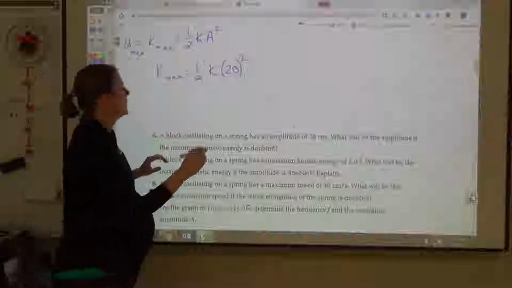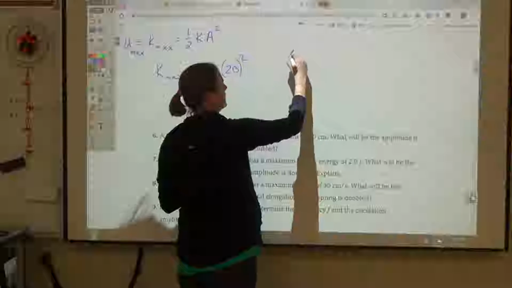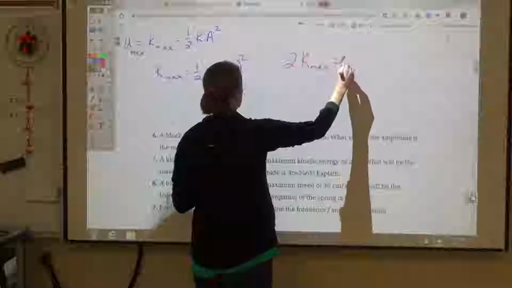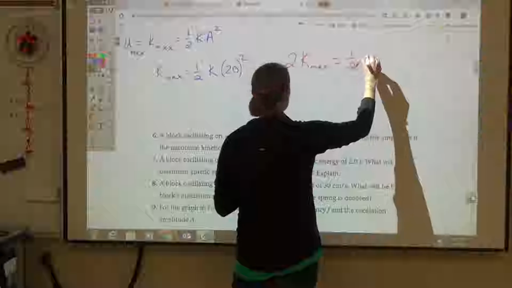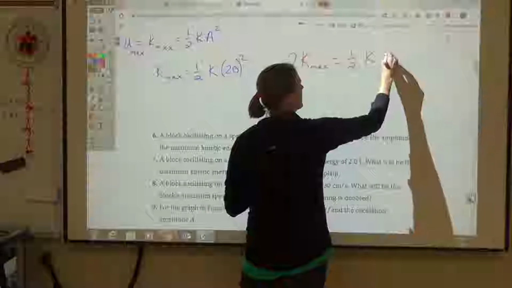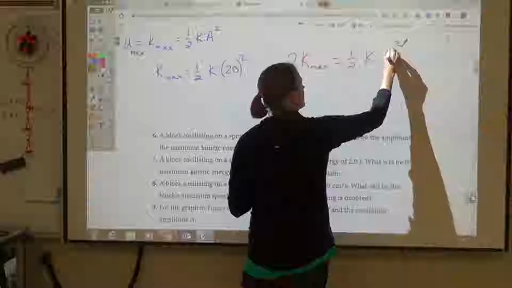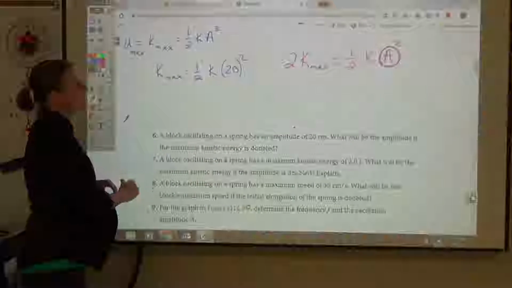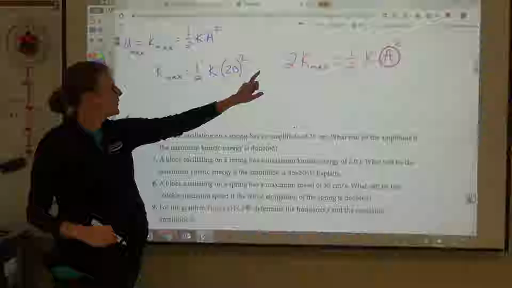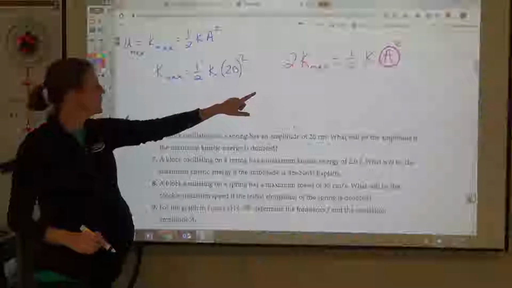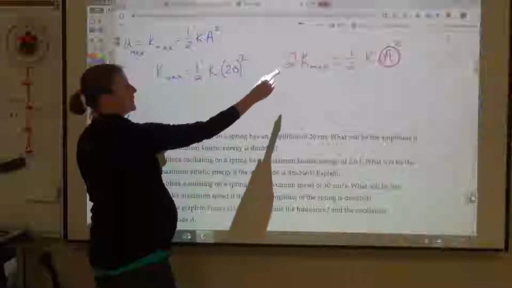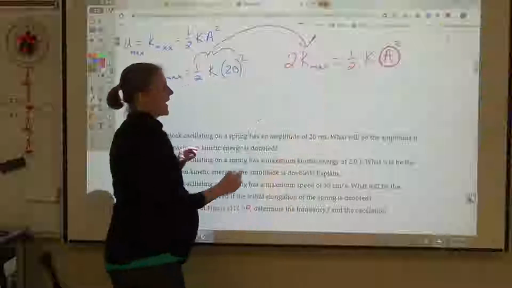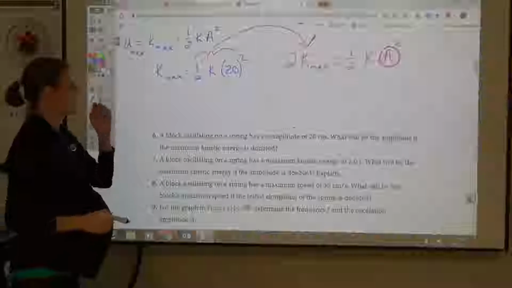So I want to solve for A. What's going to be the new amplitude to give me double the original kinetic energy?